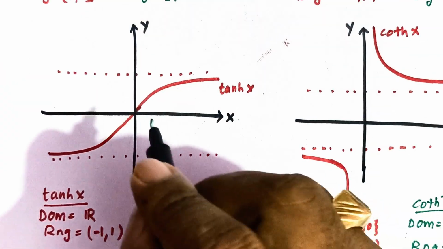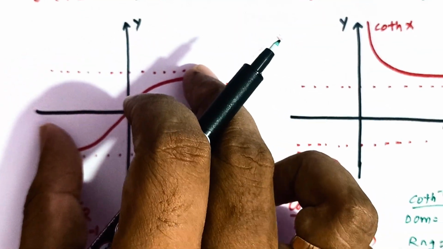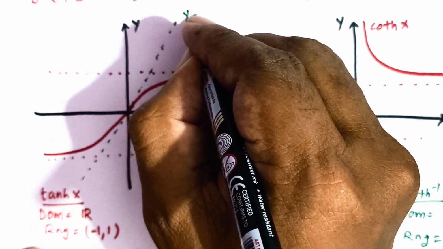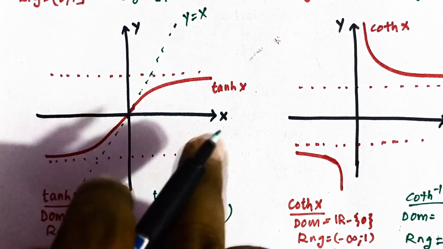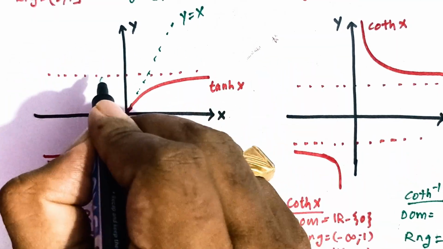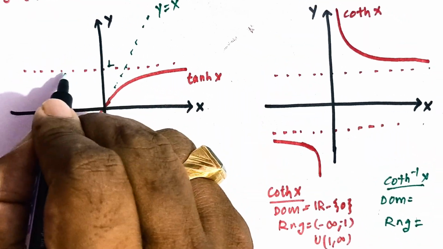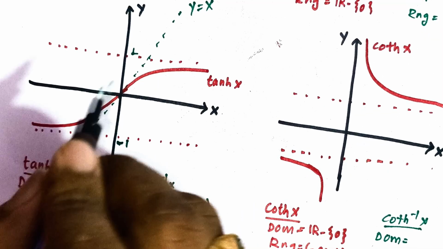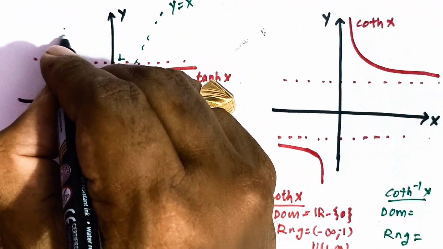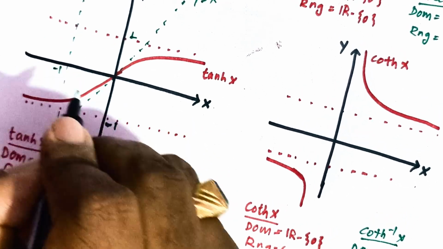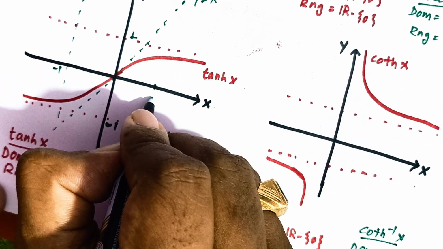Then for its graph, we will reflect this one about the line y equals x. When you reflect this one about the y equals x line, see, this is y equals 1, this is y equals -1. They will be reflected to x equals -1, this is x equals 1.